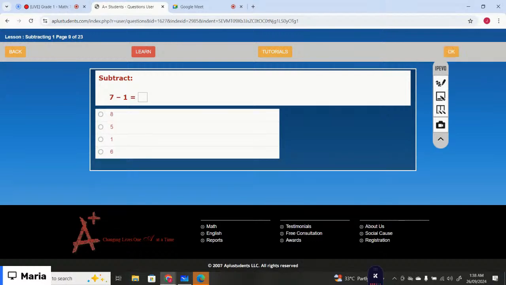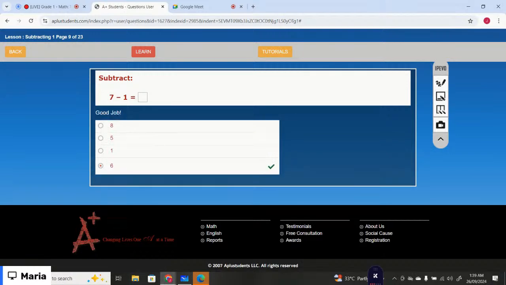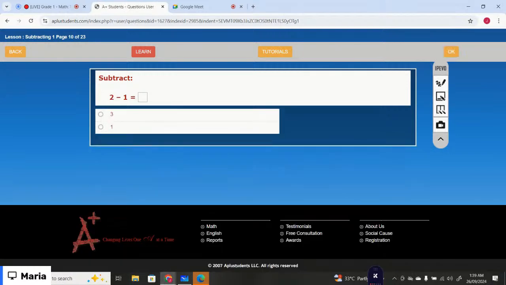The next one is 7 take away 1. So which is the correct option? 7 take away 1 is 6. The last option is the correct option.